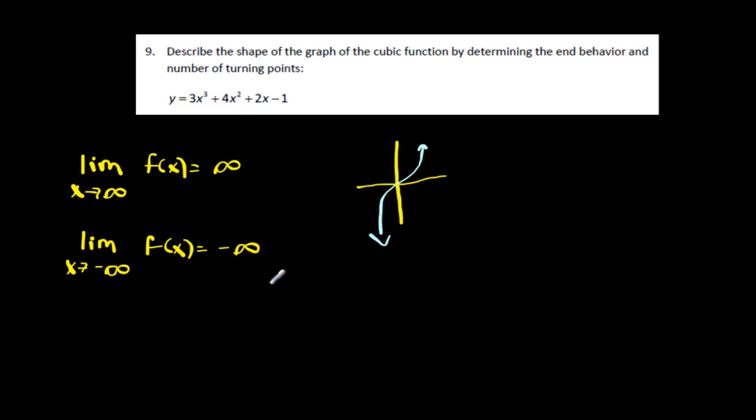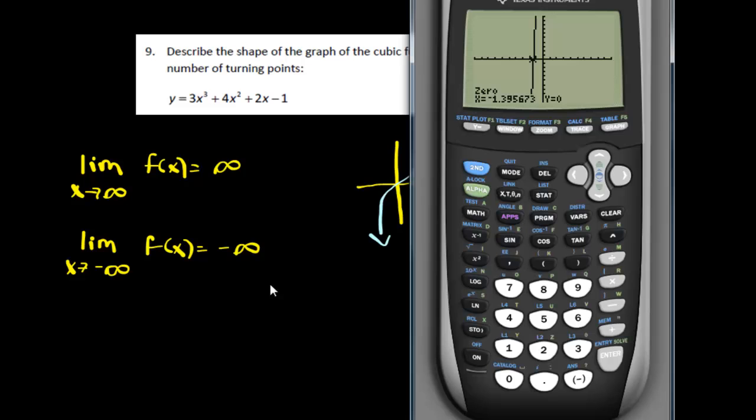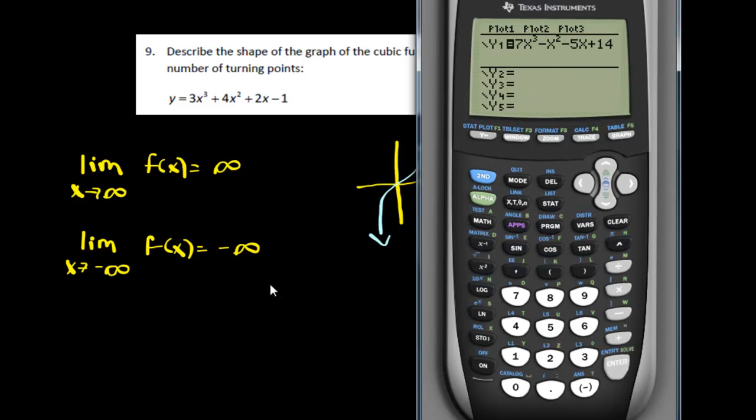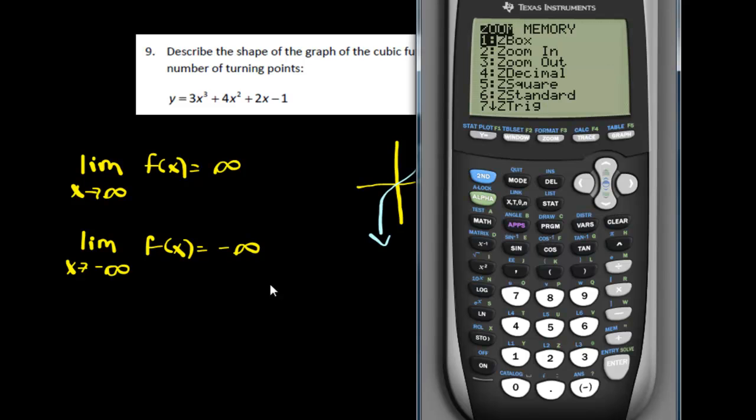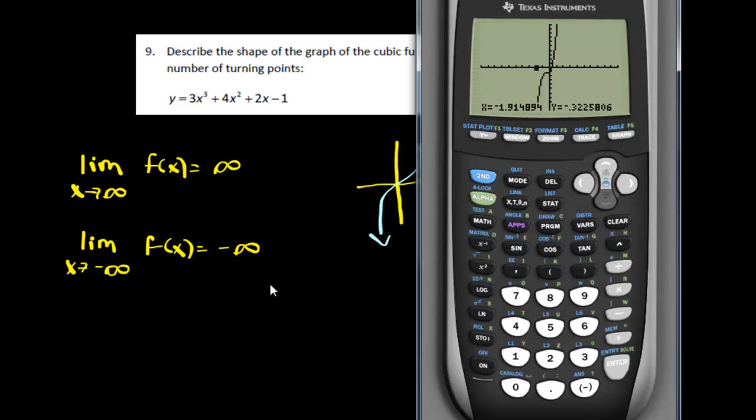The number of turning points, let's look at the graph of it. 3x to the third plus 4x squared plus 2x minus 1. Let's take a look at this closer here, just to see if we do have turning points.